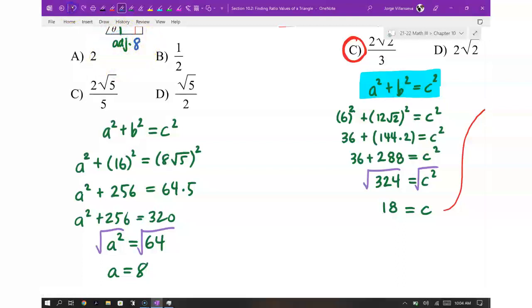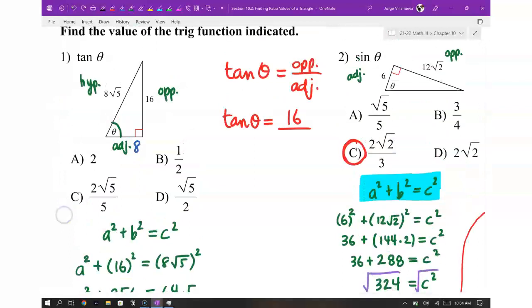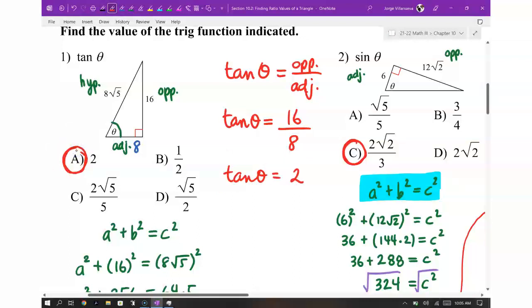Okay? Just so I have something for me to see. Now let me go back up to my main work. So I just got to plug in the adjacent side, that's 8. And 16 divided by 8 is 2. So there's your answer. 2.